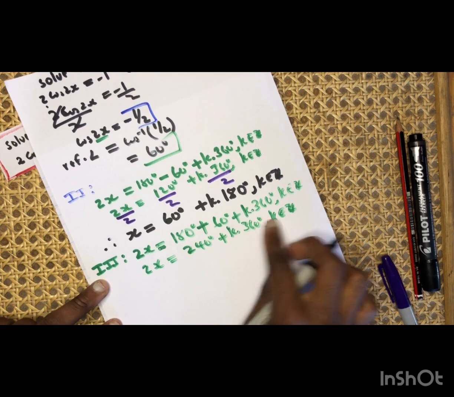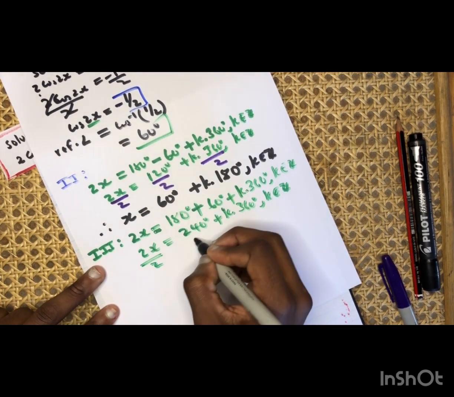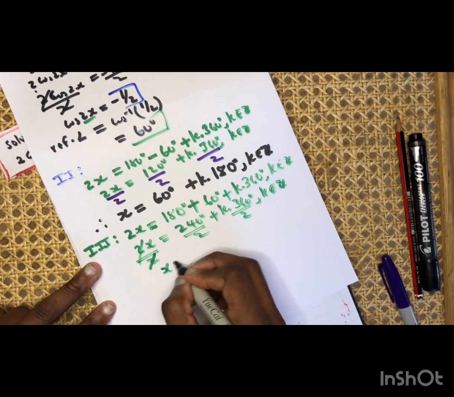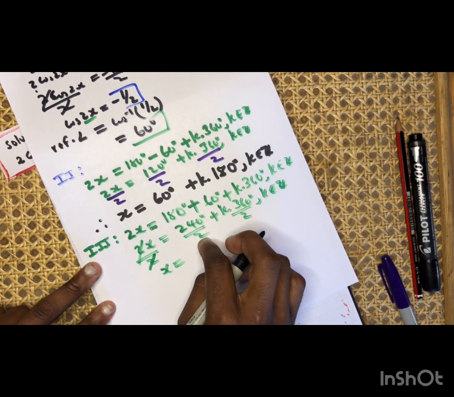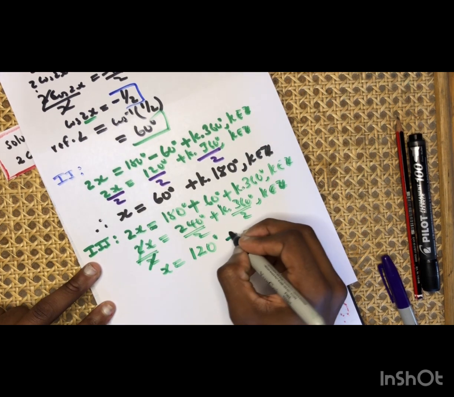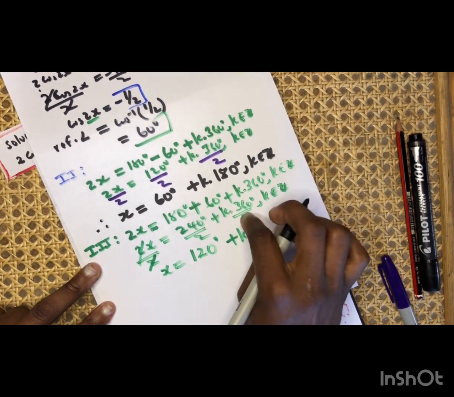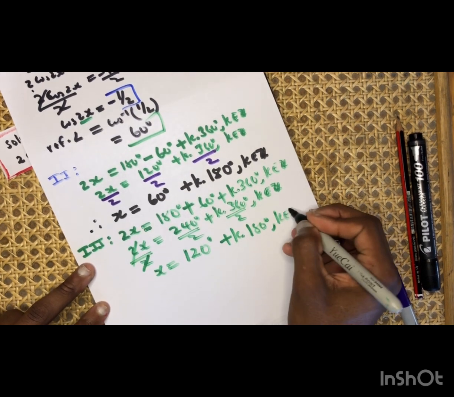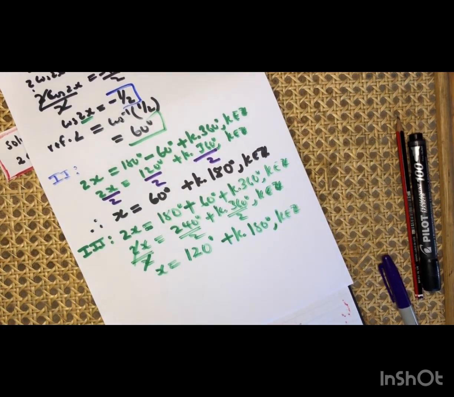Don't forget the period. Then you divide by 2, and you also divide by 2 here. This will cancel out, and you are left with x. So 240 divided by 2, you get 120 degrees, plus k times, 360 divided by 2, 180 degrees, where k is an element of integers. After I'm done finding the general solutions, I'm going to introduce the table.